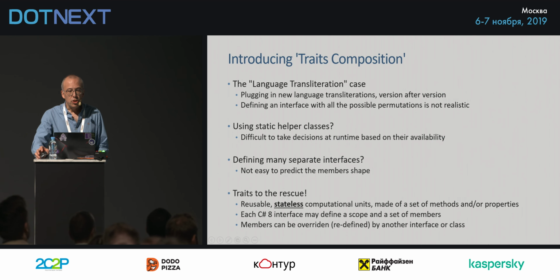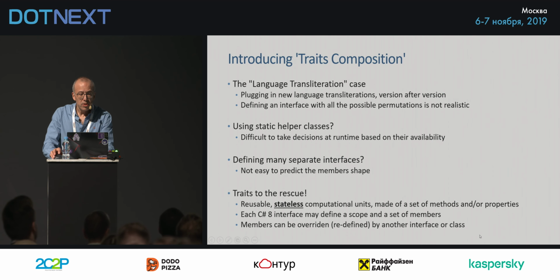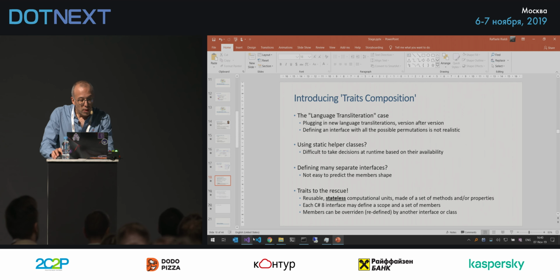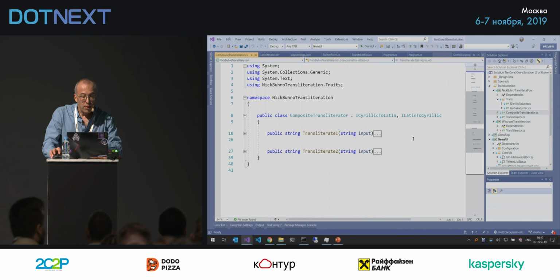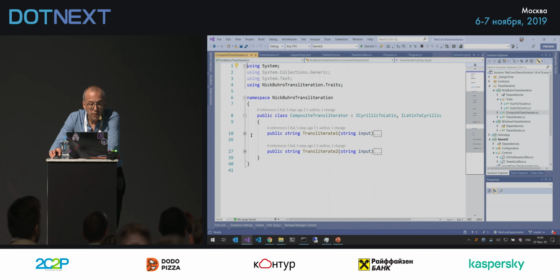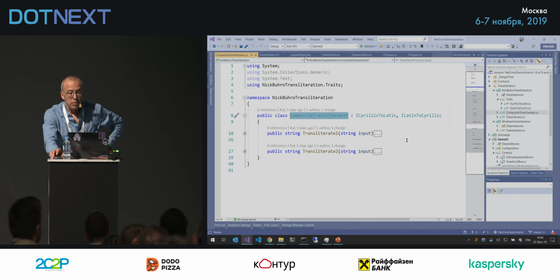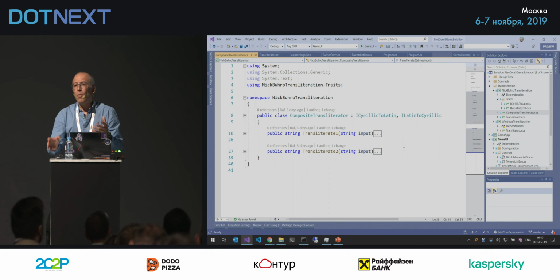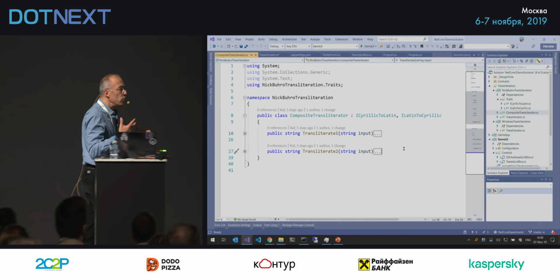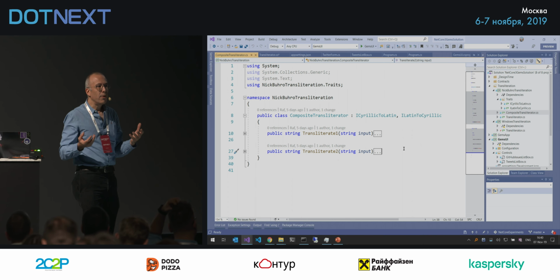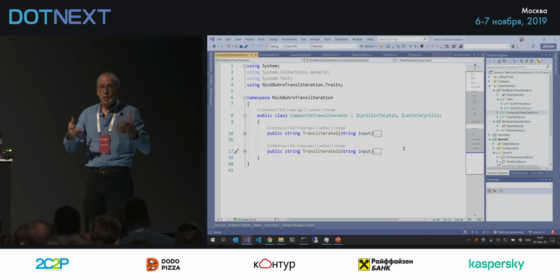So, traits composition, and the best way to see traits composition is going back to our sample. I will leave the example and the slide for your future attention. Basically we have this composed transliterator, and I said, if you are going to provide all the possible permutations of the interface, how can you do it? Because there are multiple transliterations.